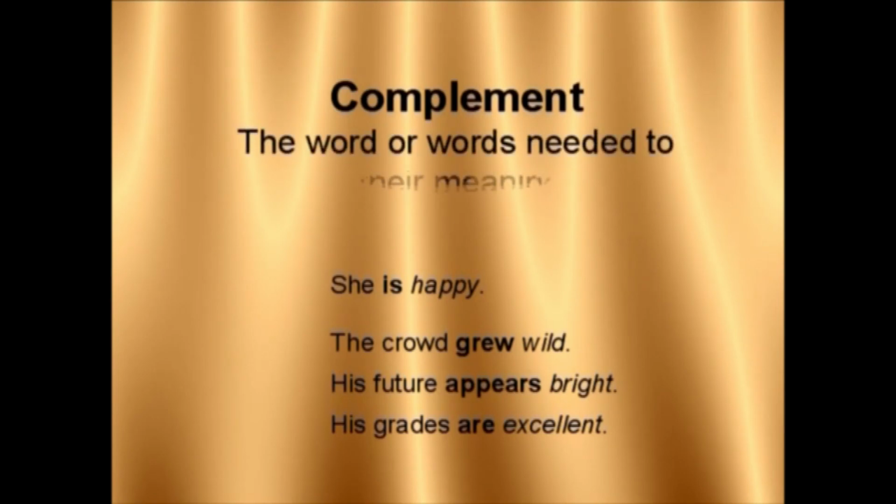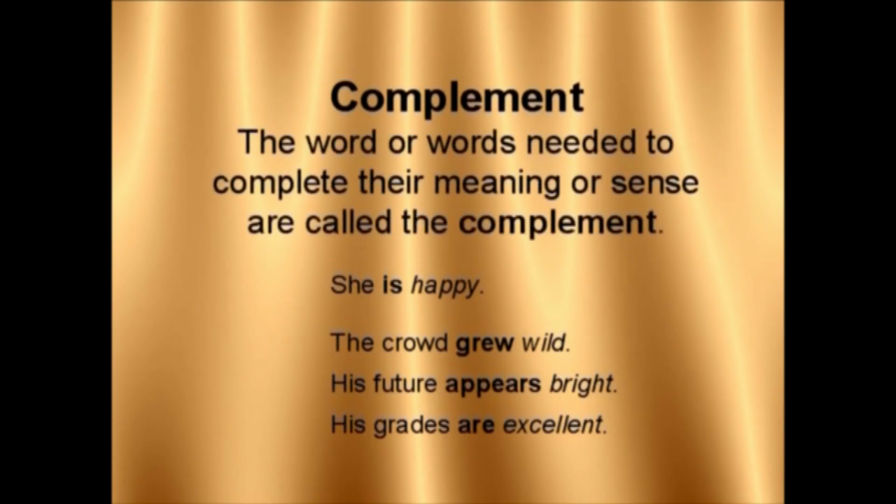The word or words needed to complete their meaning or sense are called the complement. Let's take this sentence: "She is happy." Is is the linking verb. "She is" doesn't make complete sense. Is needs another word, a complement, but not an object. Happy completes the meaning. Happy is a complement.